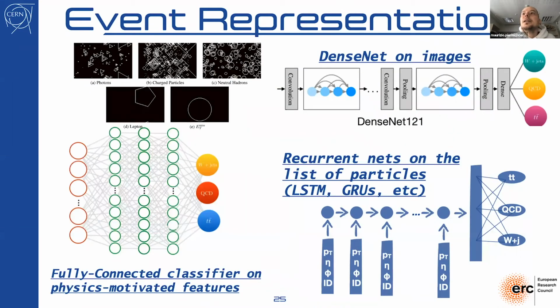And the idea of the sequence is that we order the particles. We start from the lepton, and then we order the particles from the closest to the farthest away from the lepton. And then we invert the sequence.